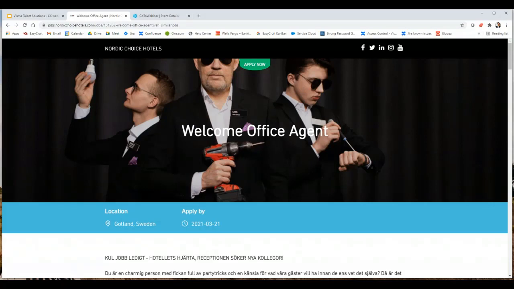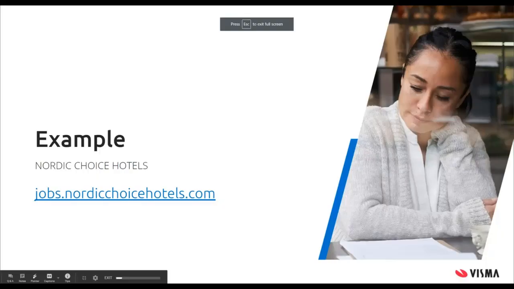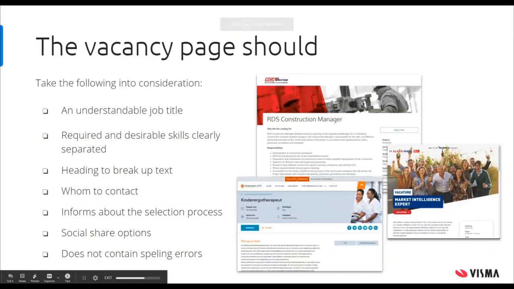So you have a connection between the different vacancies, so you don't need to go back and forward and scroll up and down. You can stay in the vacancy and navigate to different vacancies. That is really, really awesome. So if you go back to the presentation, Lex, and continue to the next slide, then we are talking about the vacancy.